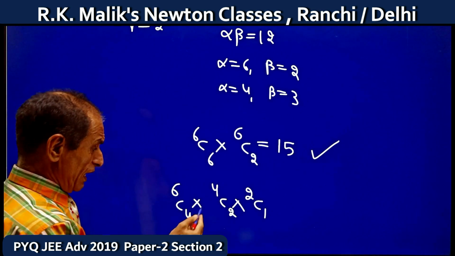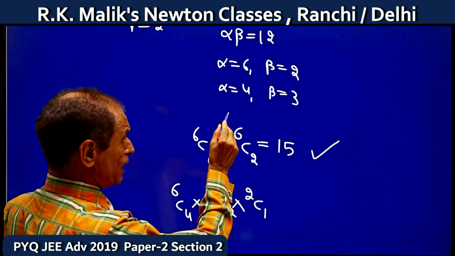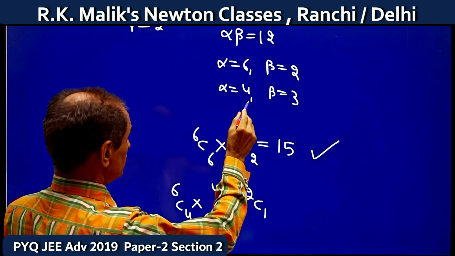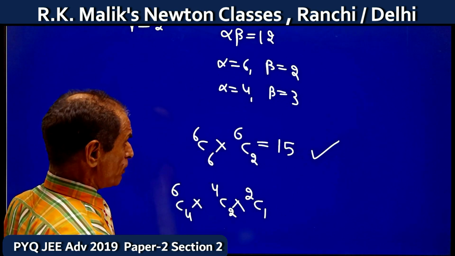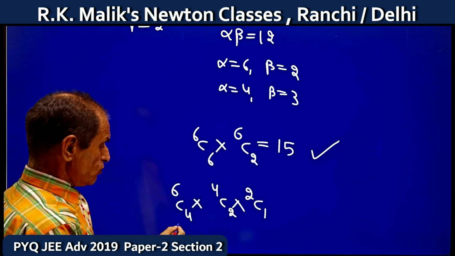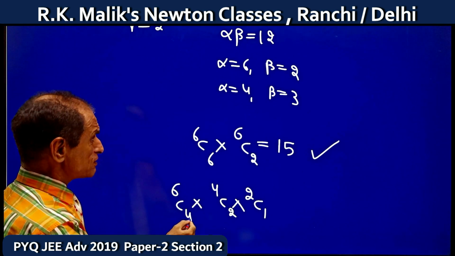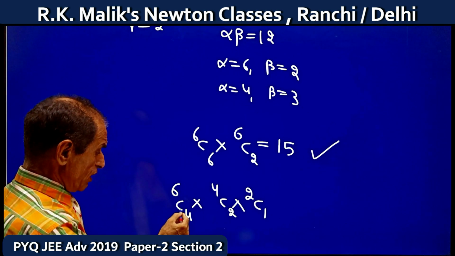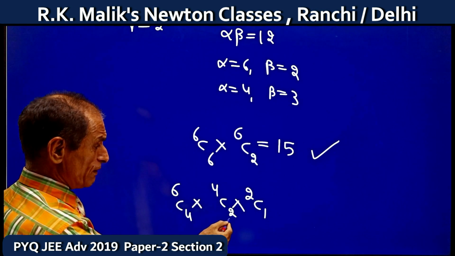Let me tell you once again, for making the set B, B should contain 3 elements, out of which 2 elements must be common. Therefore, I choose 2 elements from the 4 elements which are in A. This I can do in 4C2 number of ways.